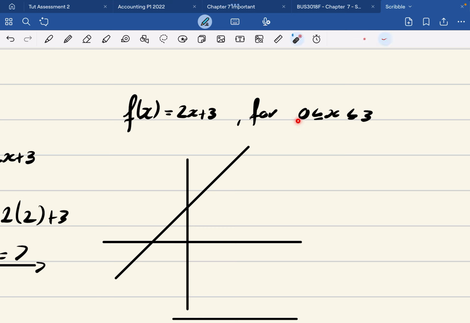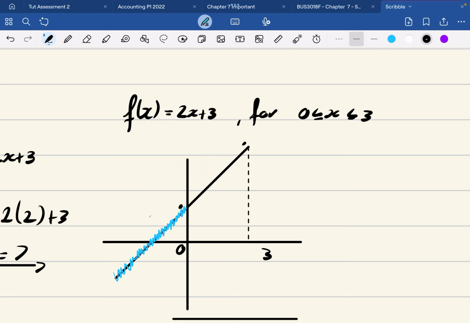But we know x can only take on values between 0 and 3. So 0 and 3. So we don't have to worry about this part of the graph when we're looking at the range. Okay. So we could see from this graph, that's why it's always helpful to draw a sketch, that this is the minimum value and this is the maximum value, right? Because the graph is going in an upwards direction, it's increasing.